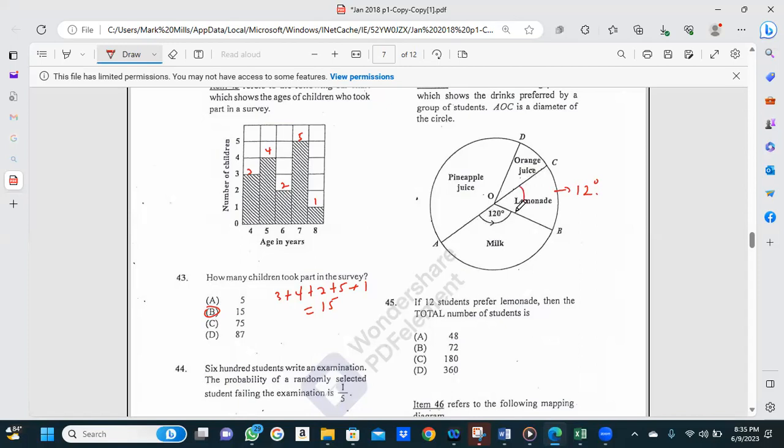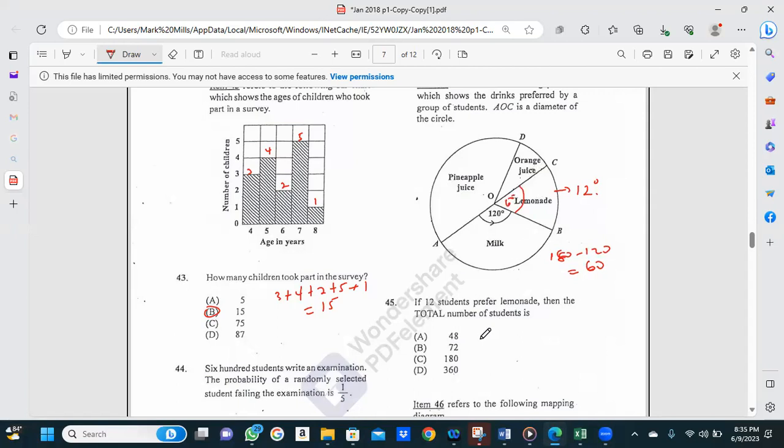Remember that the milk is 120 degrees. I want to find lemonade. What will I do? Right, angles on a straight line. Thank you. So the first thing we are going to do here, we are going to say 180 minus 120 will give me 60 degrees.